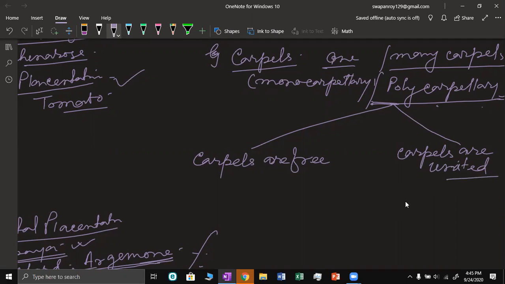Okay, when carpels are united, fused together, it appears that there is only one carpel, or only one ovary, one gynoecium.